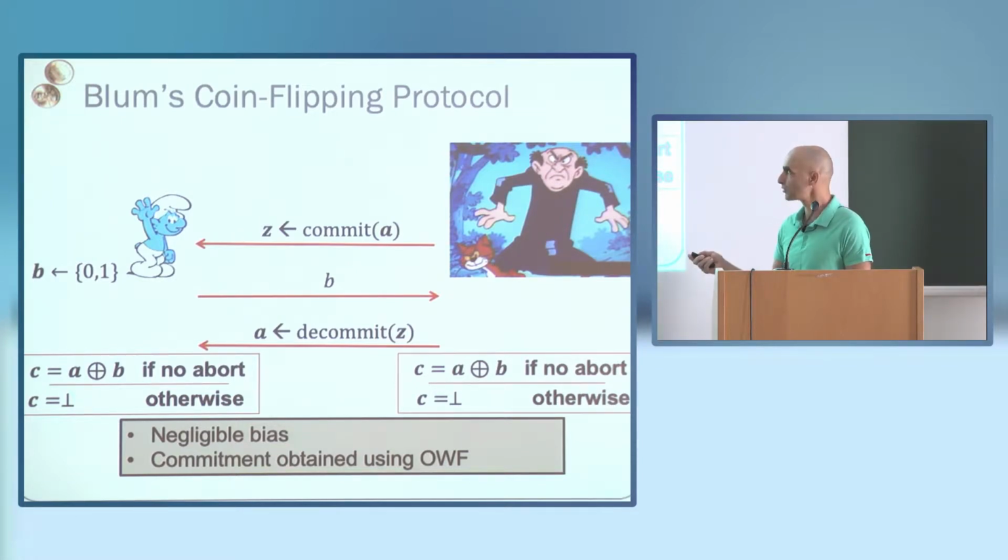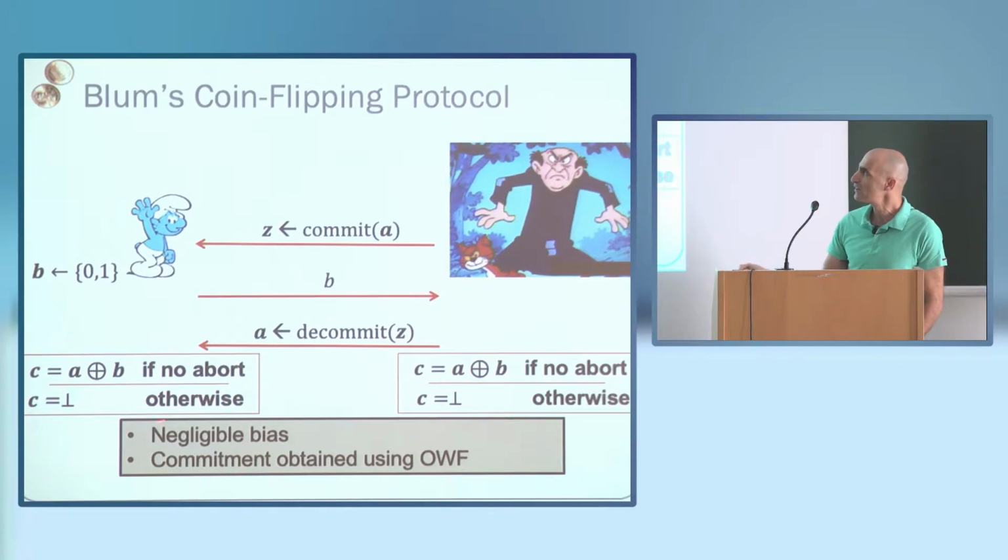And I'm not talking about fair coin flipping. In my case, the honest party does not have to output a bit. Either output 1 or bot. You never output 0. Yeah, but this is given no abort, then... No, given no bot, it will always be one.